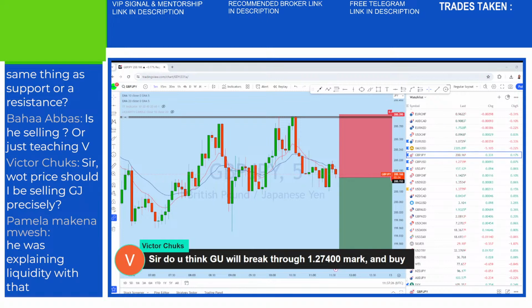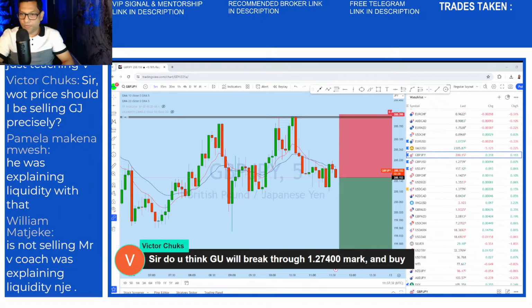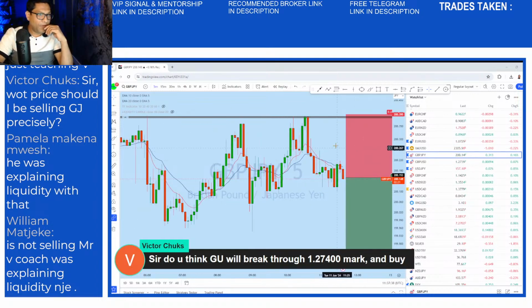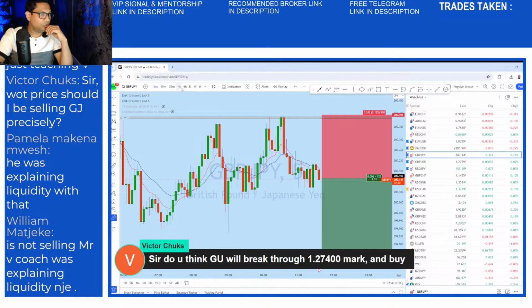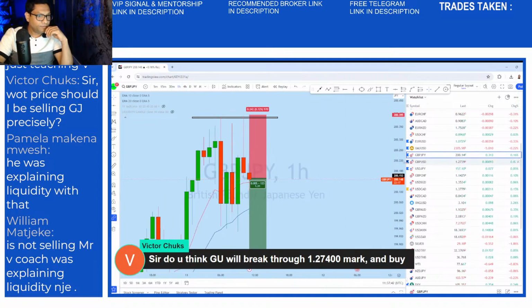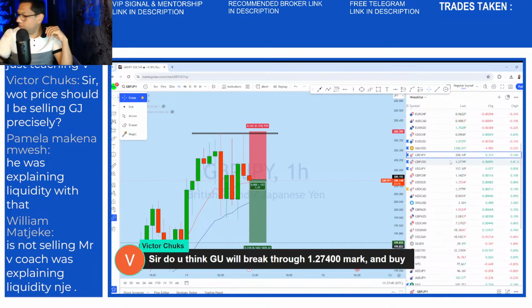You see the GBP JPY. You see a bit of slower movement in the market, but ultimately, GJ from that level has now started to drop. What kind of price action can you see?